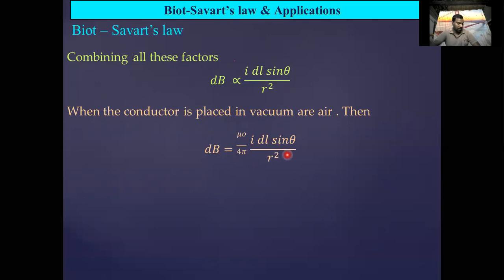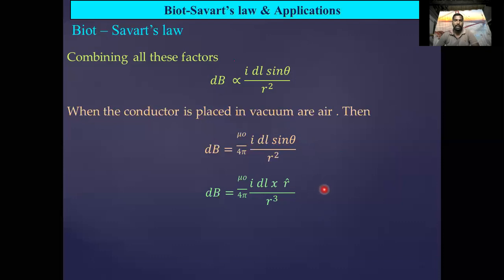This equation can be rewritten in vector form. Here, r cap is a unit vector. In dl sin theta by r square, we remove the sin theta by choosing the cross product, so dB is equal to mu naught by 4 pi into I dl cross r cap by r cube.